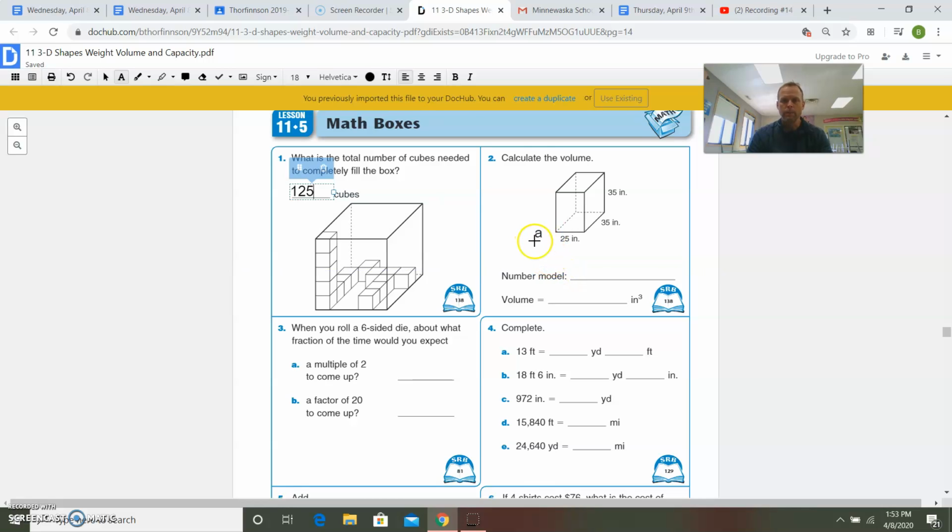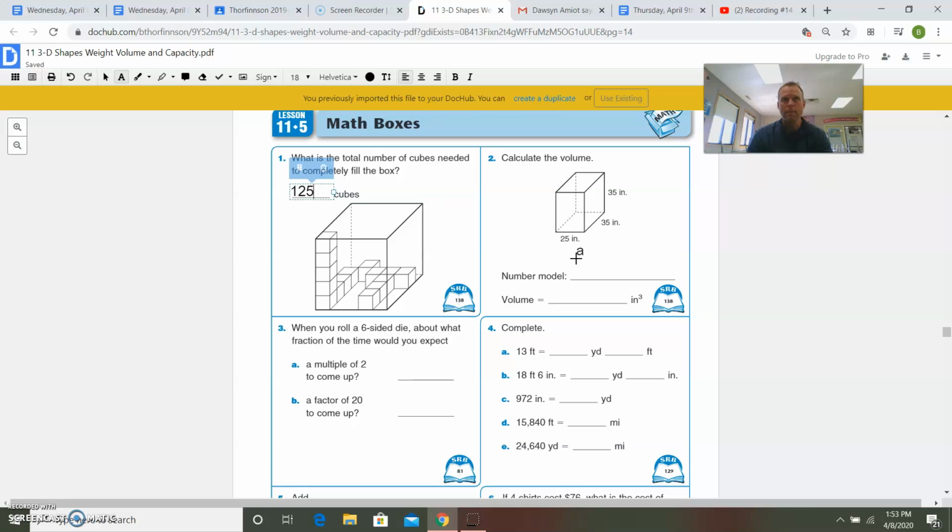On this one, it says calculate, so you could use a calculator to do this. Remember, volume equals area of the base times height, so 25 times 35, and then you would multiply that times 35 again.